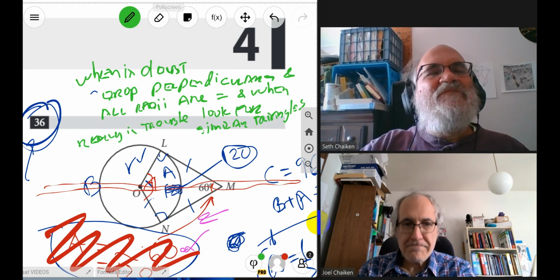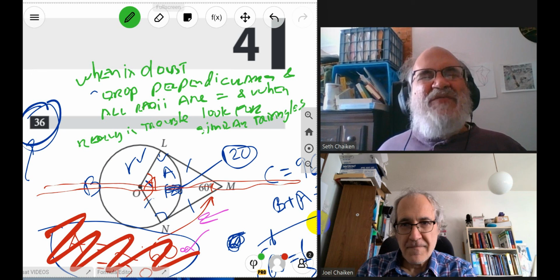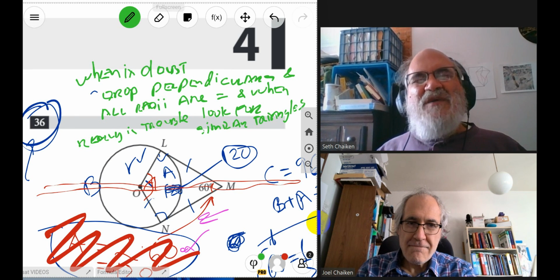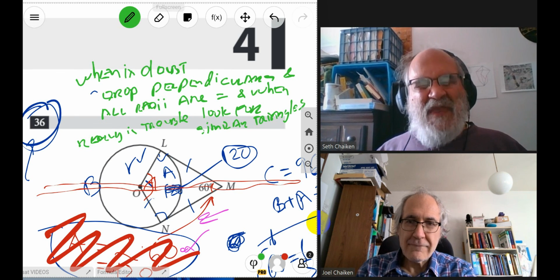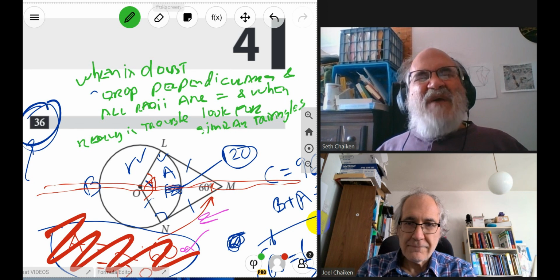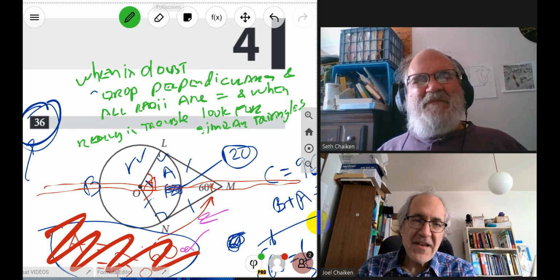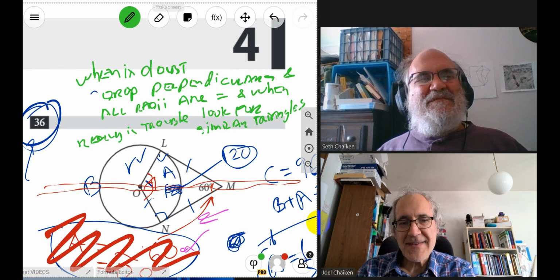And indeed, once you draw the line from O to M, by symmetry, the triangle above that line and the triangle below that line are congruent. Right. That's what's nice about circles.